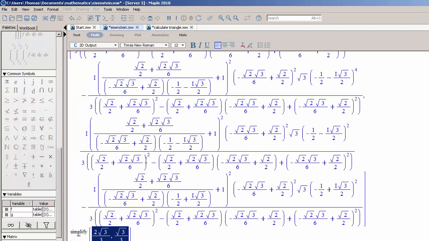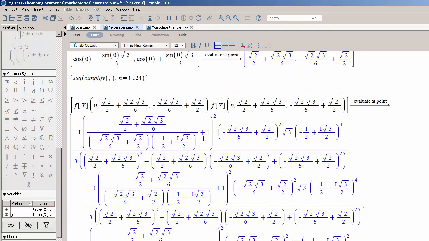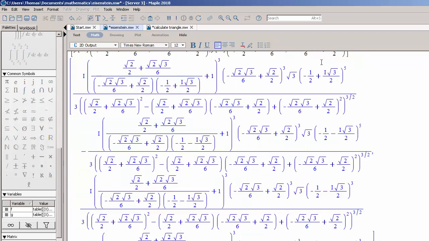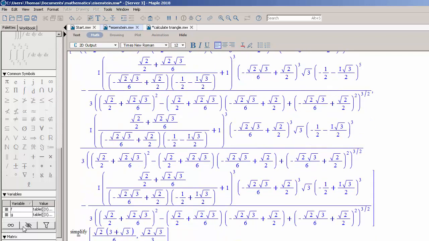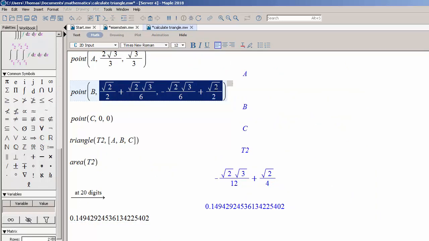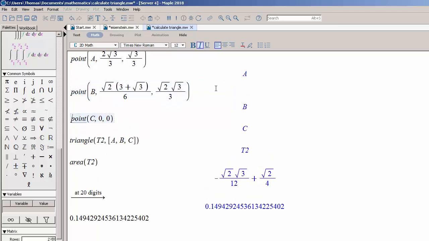I'll do one more and then I'll call it quits. Okay. Do number 3. Simplify. Same thing. There we go.